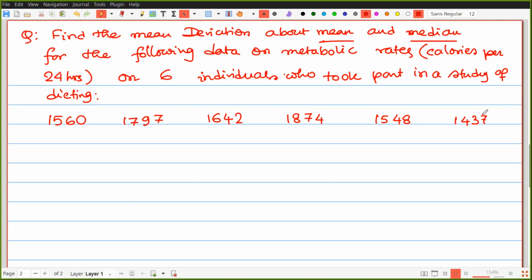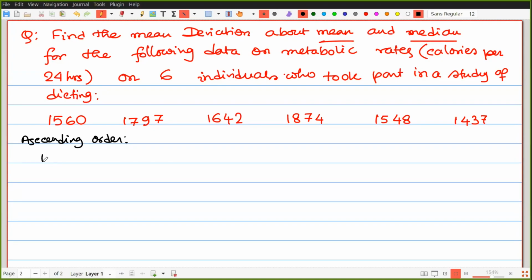So first of all, we have to find out the mean, and also we have to find out the median. So that's why we are also writing the complete data in the ascending order.